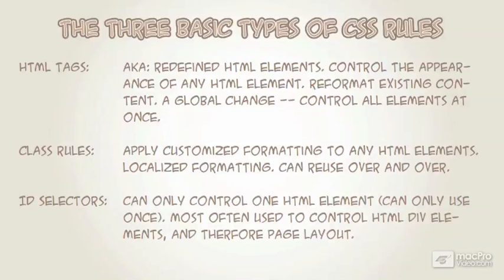Okay, ID selectors, they can only control one HTML element at a time. So we can only use an ID selector once on a page. It's kind of like a one-shot deal, right? And we can use these most often to control HTML div elements, if you know about divs, and therefore our page layout. Page layout is all based on an element in HTML that's referred to as a div, right?